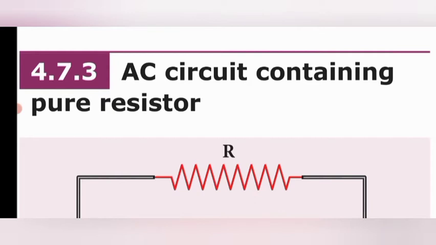The resistance depends upon the conductor material used. Different conductors have different resistances to reduce the current value. That is called the resistor.